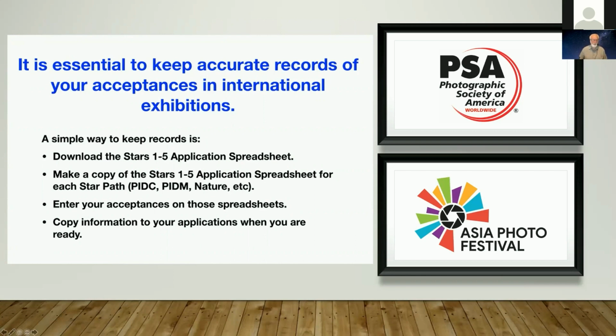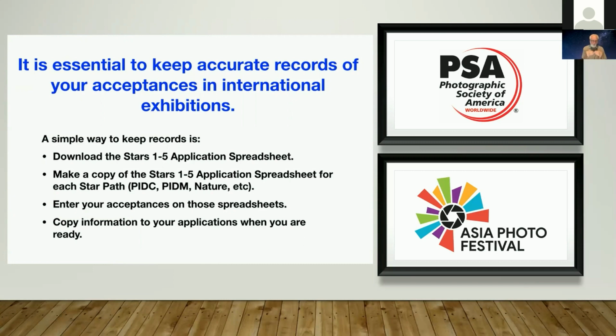Now, once you've downloaded this application spreadsheet, it's an Excel spreadsheet, make a copy of that for each of the star paths where you know you're going to be getting acceptances. So PIDC, nature, photojournalism, and so on, and keep those separate. And as you get your acceptances in exhibitions, you can enter them on these spreadsheets.